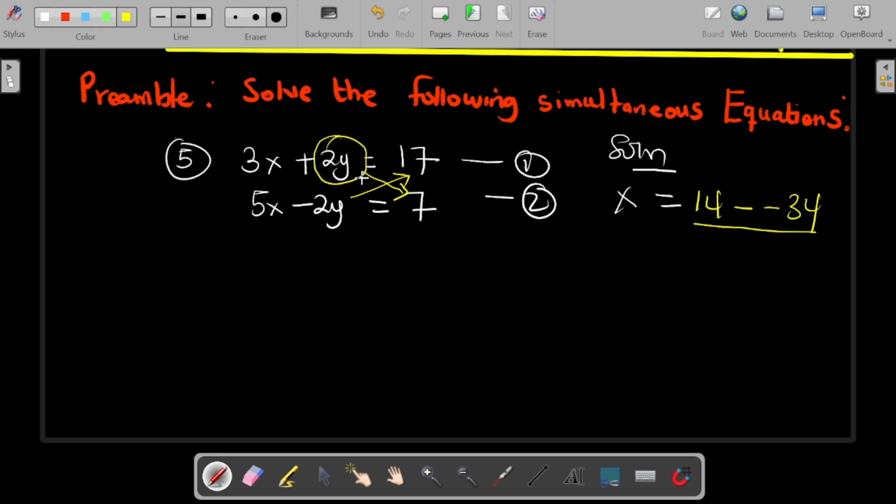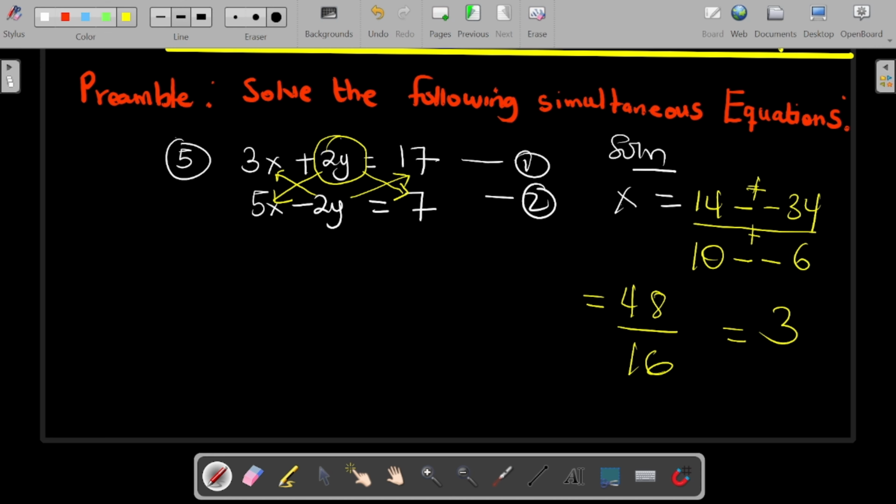Then we'll come back to the same expression in 2y, multiply by this. 2 times 5 becomes 10, minus negative 2 times 3, which becomes negative 6. And then we can say that 14, since we have negative negative, means it's positive. Negative negative positive means that 14 plus 34 is 48, and 10 plus 6 is 16, and 48 over 16 is 3. So it means our value of x is 3.